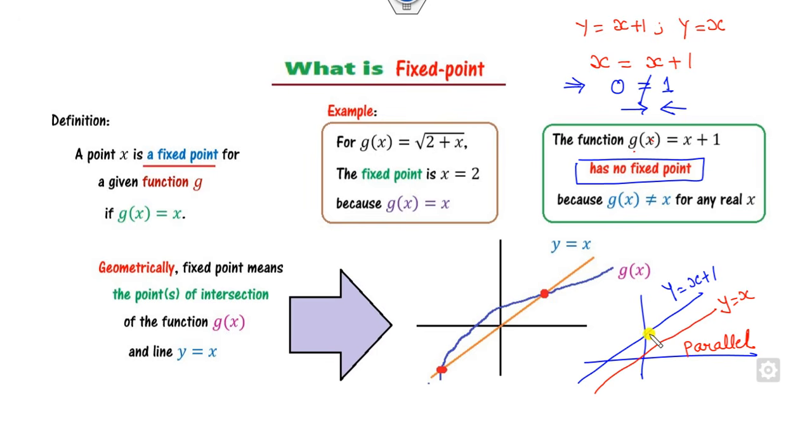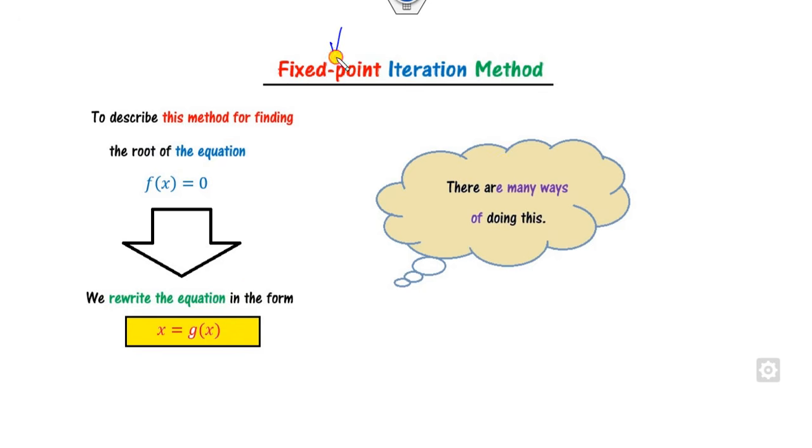Once they are parallel, they can never intersect, which means there is no fixed point. So this is an example where you have a unique fixed point, no fixed point, or infinitely many fixed points. Based on this fixed point, we can transform this equation into x = g(x).